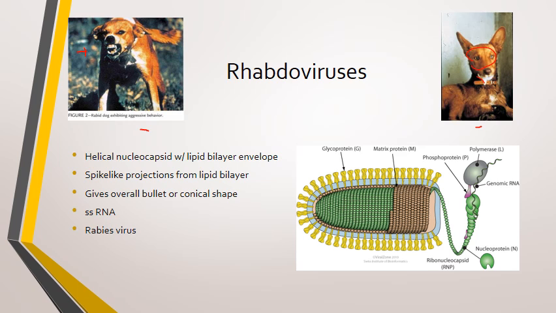The frothing at the mouth is there because the swallowing process, which normally brings the tissues of the throat together, is so painful that the animal doesn't want to do it. And so the saliva spills out and they froth at the mouth.